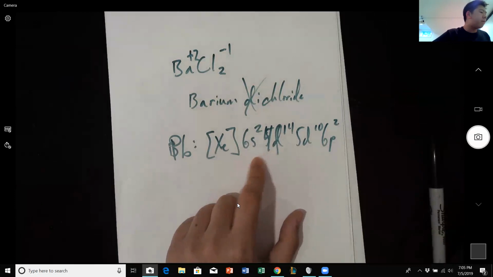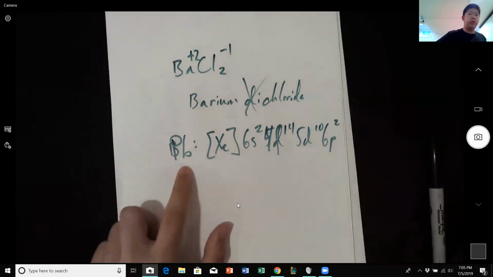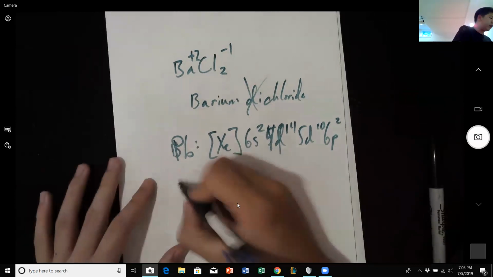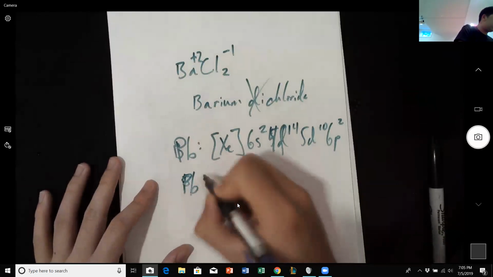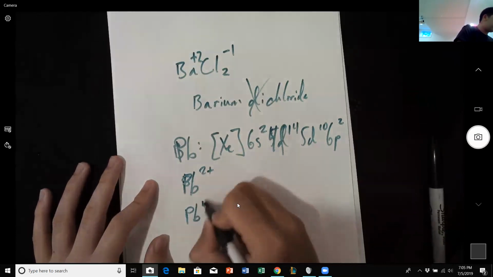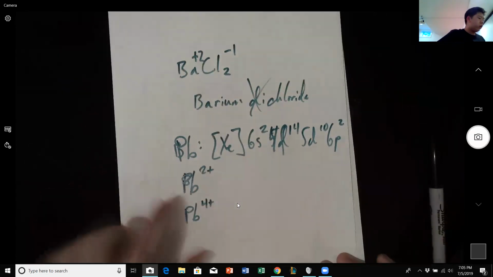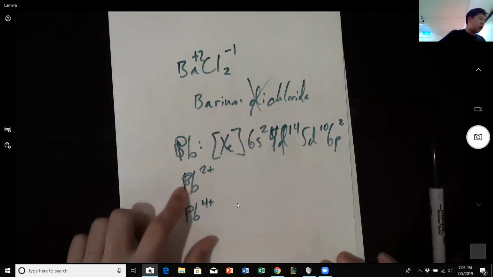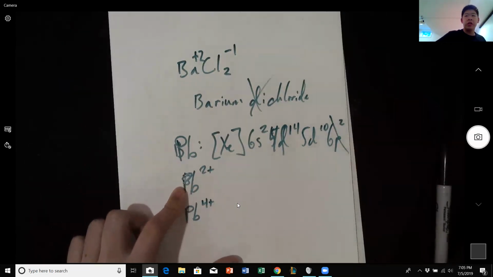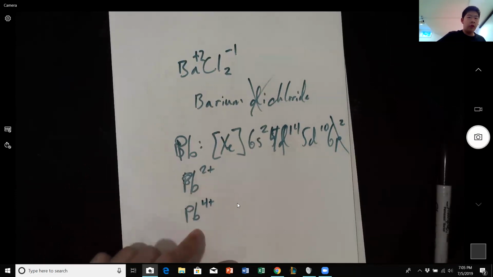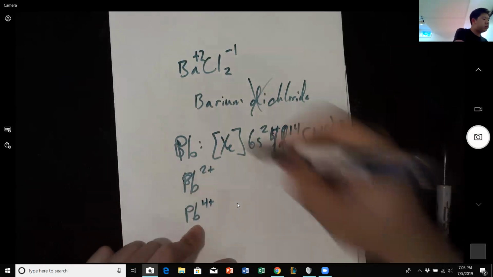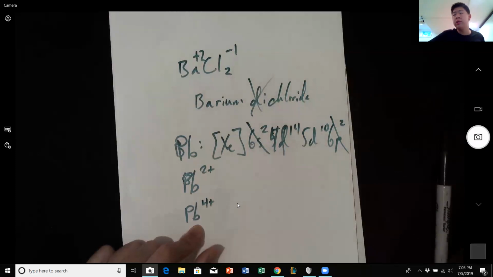Lead forms two charges, so we can have Pb 2+ and Pb 4+. To form the 2+ ion, we remove the p electrons first, and to create the 4+ ion, we then remove the s electrons.